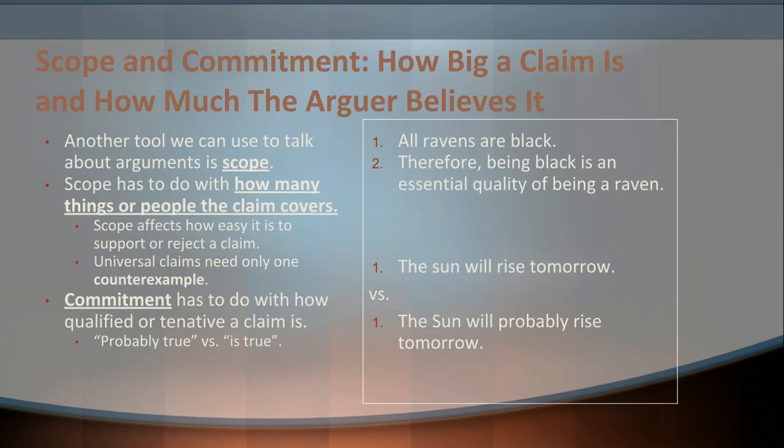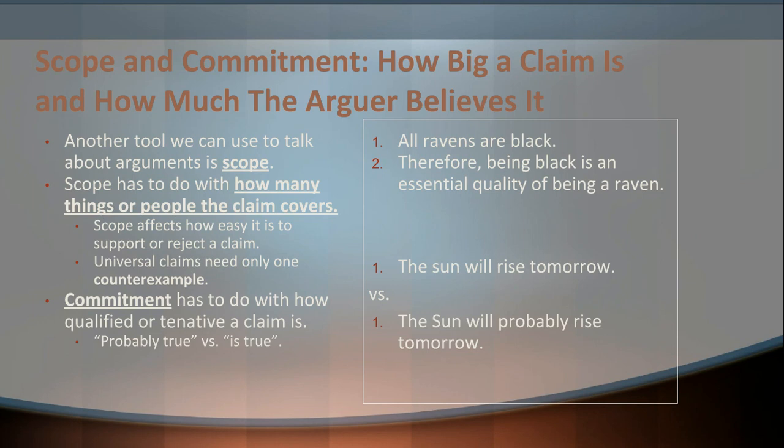Now, a couple of other things that we can use to analyze all of this. Another tool we can use is something called scope. Or rather, this is another aspect of an argument or of a claim that we can identify, label, and use to help evaluate and talk about these things.